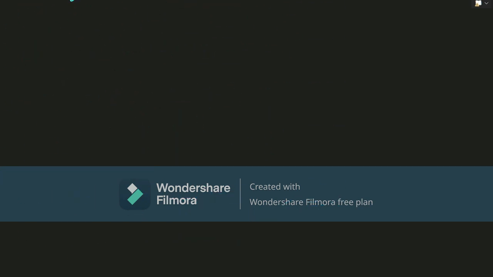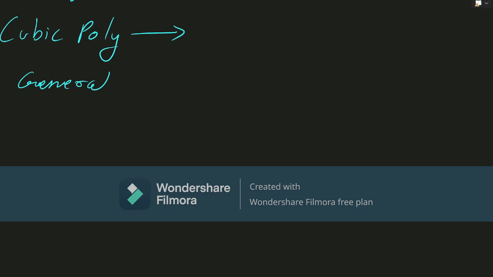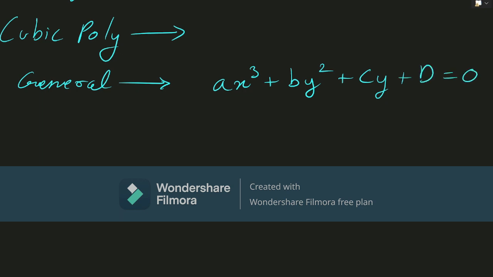Now let's talk about cubic polynomial. Cubic polynomial will have a general form like this: ax cube plus by square plus cy plus d equal to 0.